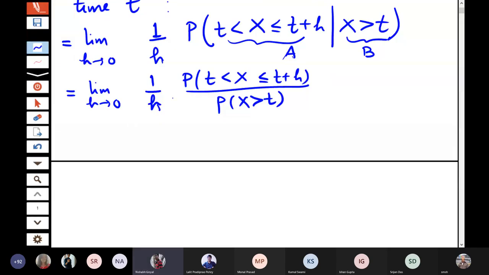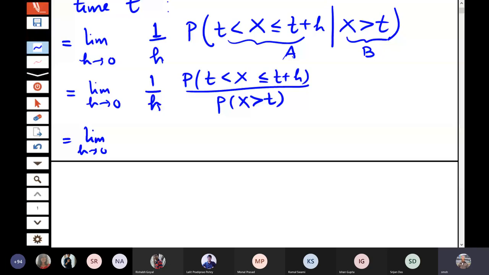Yes, sir. So now let us put the expressions for this. The numerator is nothing but the probability of X less than or equal to t plus h minus probability of X less than or equal to t, divided by probability X greater than t.